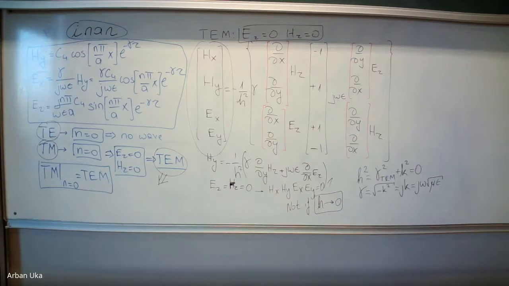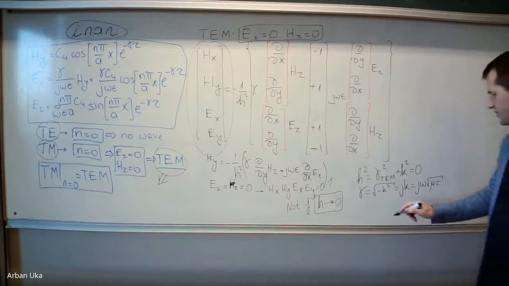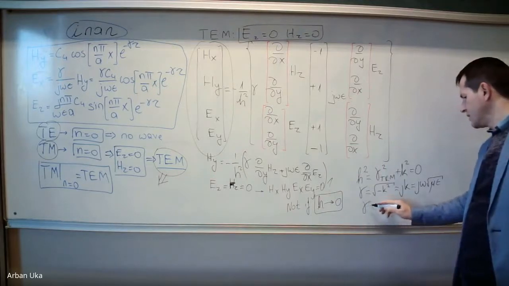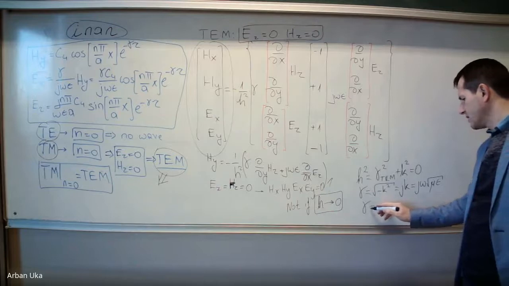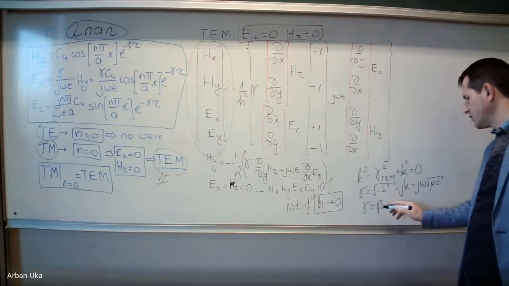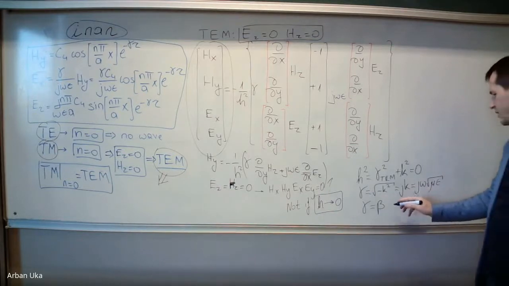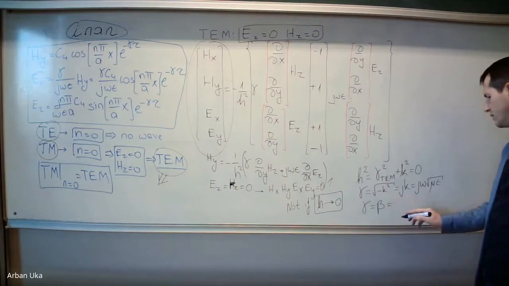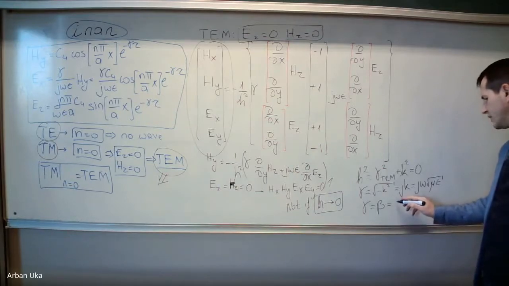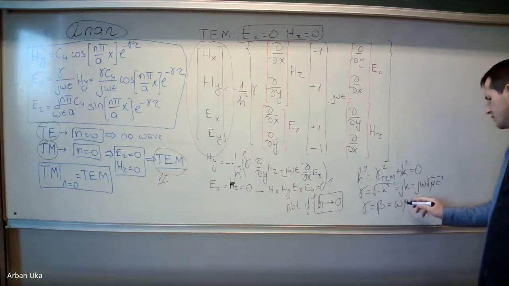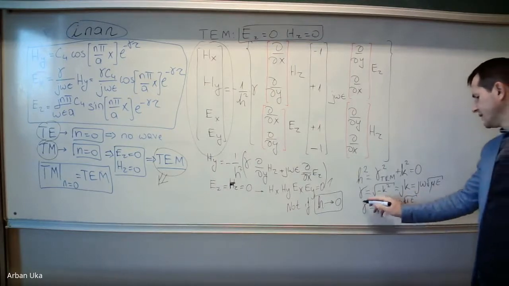This means that the gamma itself is in fact the beta that we have often seen, and this beta we have often written as omega times the square root of permittivity times permeability.